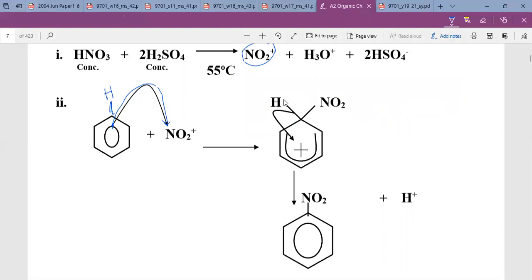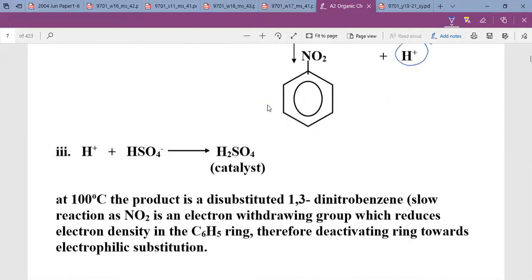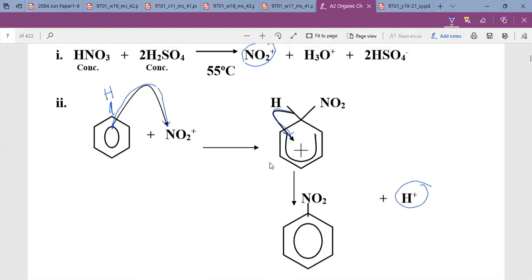You can attack any position you like. The arrow goes from here to here, and of course the arrow from here goes down to give you H plus. Lastly, the H plus and the HSO4 minus give you back the H2SO4, the catalyst. See now. I've got 2 questions here to help you see.